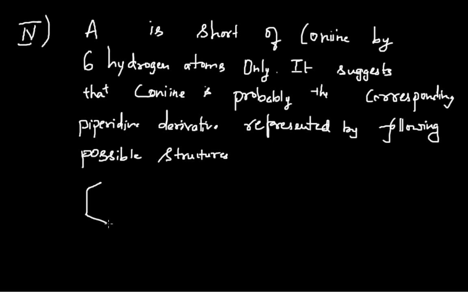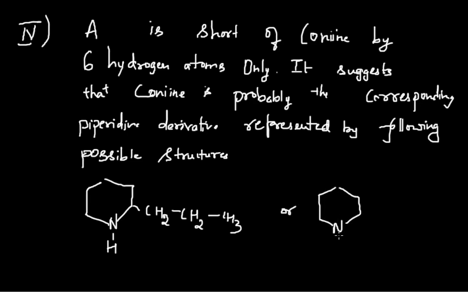So since there are 6 hydrogens that were missing from coniine to that A, your coniine has to be either of these two possibilities. Now how do we know which is either this or this?